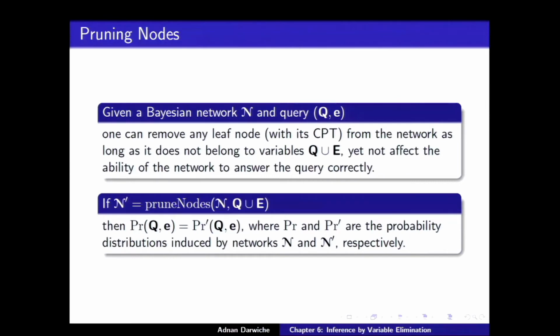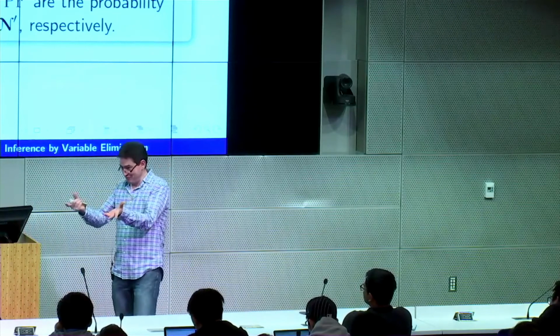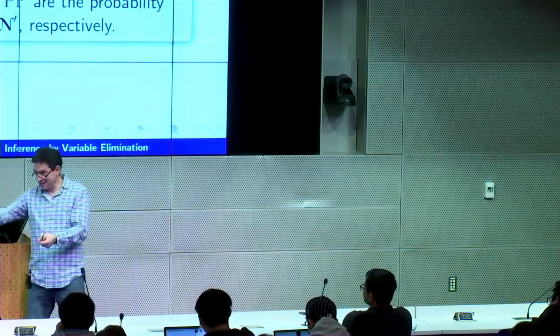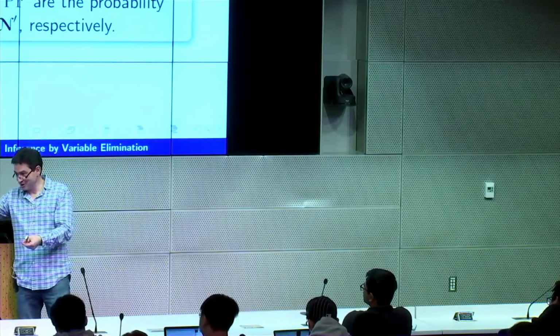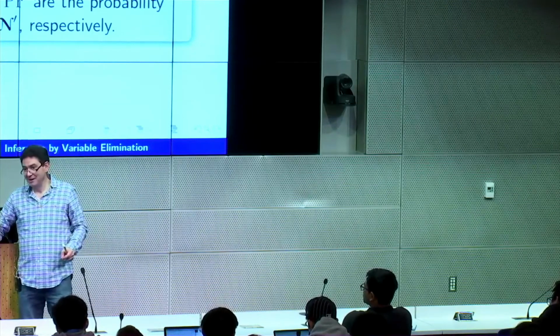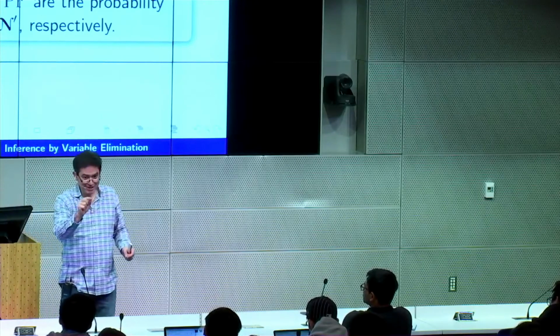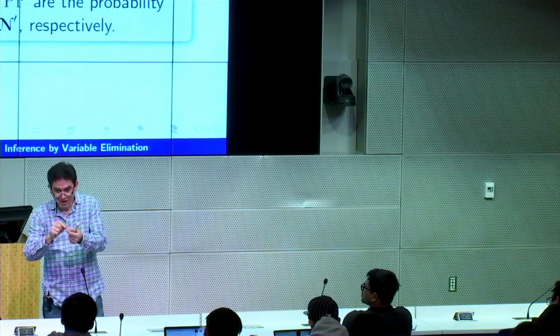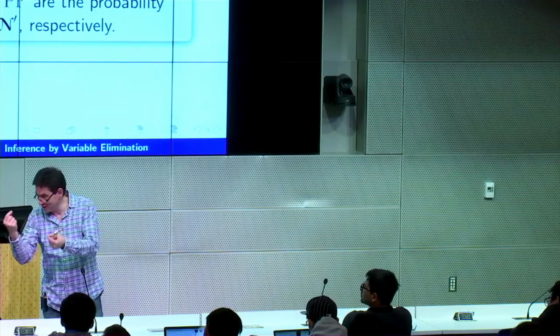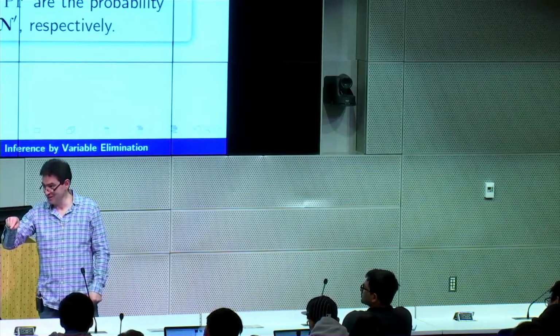Okay, now I want to ask you a question. Prove it. Yes. You have a leaf. I'm saying it doesn't belong to the evidence or the query, throw it out. Say, no, I want to eliminate that variable first. What do you do to eliminate that variable first? You look up all CPTs that mention that variable, correct? There's only one of them in this case. It's going to be that CPT.